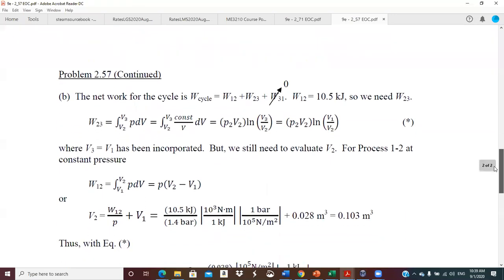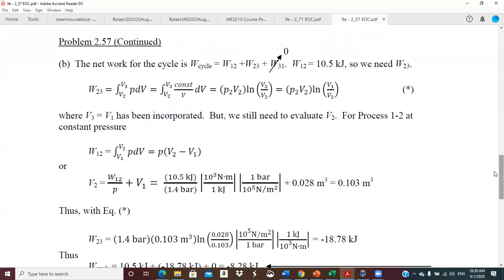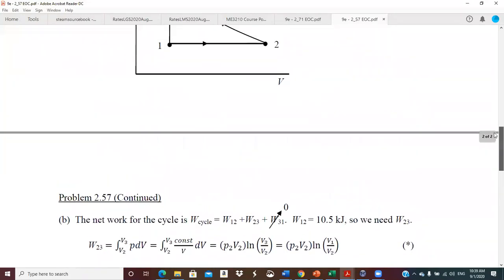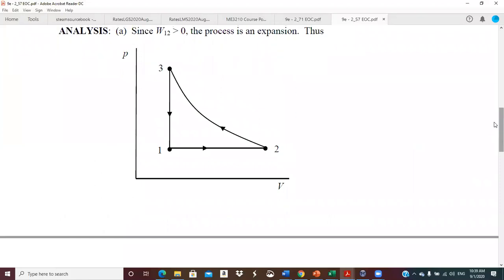Okay, so net work for the cycle, well, that's work interaction 1 to 2 plus 2 to 3 plus 3 to 1, but you know that 3 to 1 has to be 0. Why do you know that?